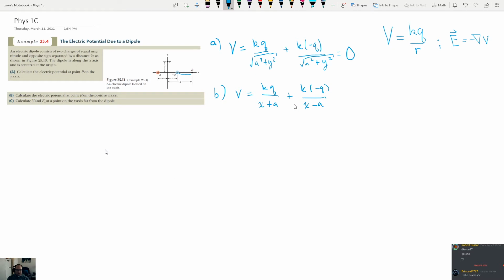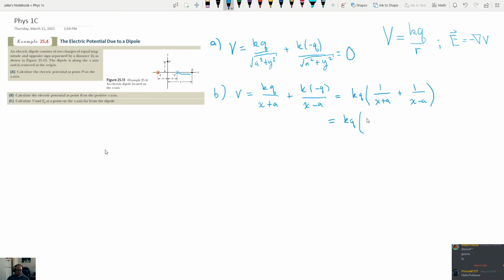And to some extent, that's the answer. We can simplify it a little bit, though, because we could factor a k and a Q out. Then we can simplify what's inside and get a common denominator.